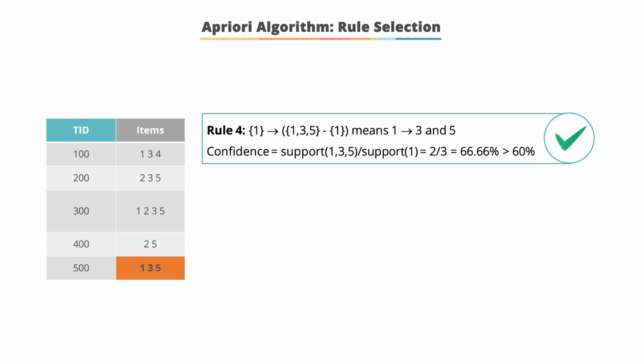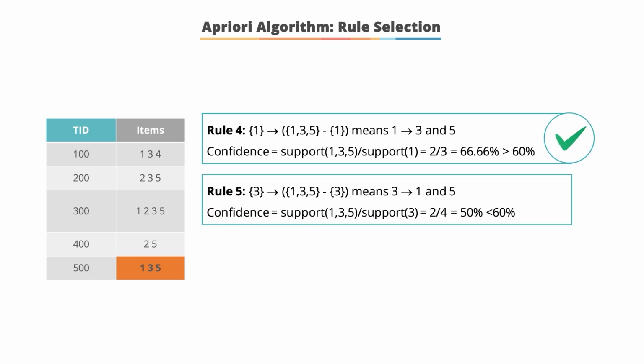Rule 4 is selected. Rule 5: {3} → {1, 3, 5} minus {3}, which means 3 → 1 and 5. Confidence equals support(1, 3, 5) over support(3) equals 2/4 equals 50%, which is less than 60%.